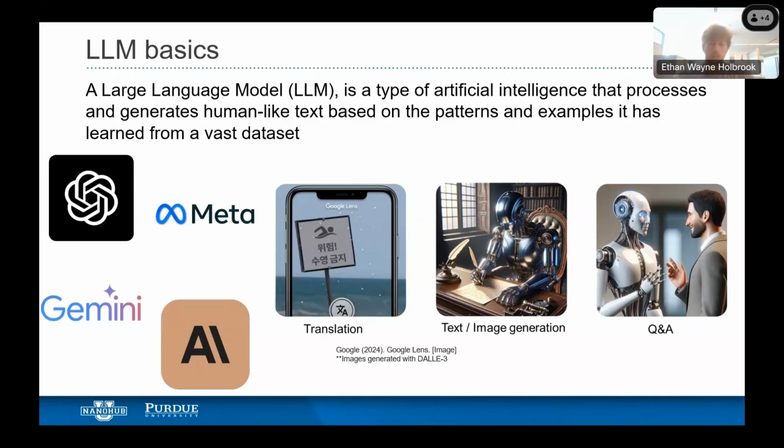As mentioned in the seminar last week, they are good at these three tasks: translation, text and image generation, mainly the text generation for the large language model part, but then question and answer sessions as well. And so these are all things that are fairly in line with tasks that I do every day as a computational material scientist.